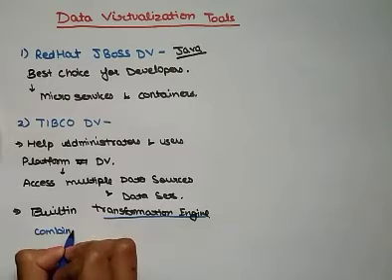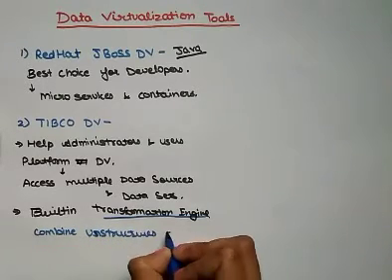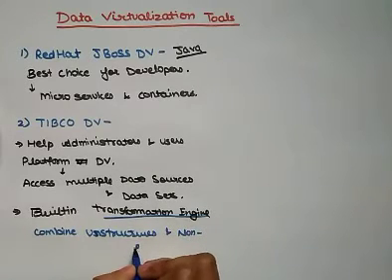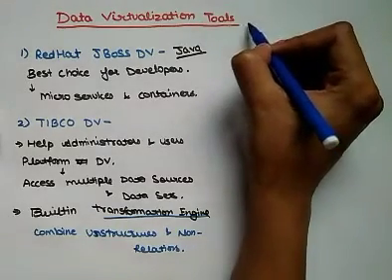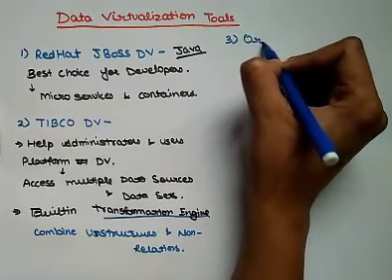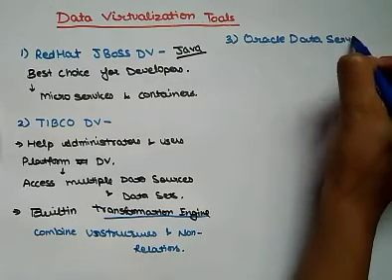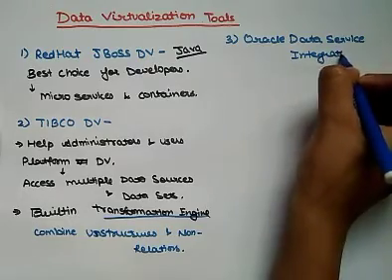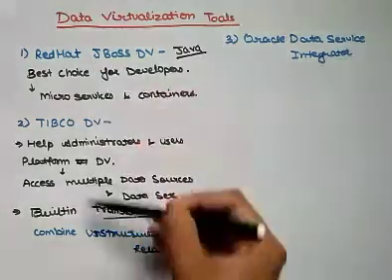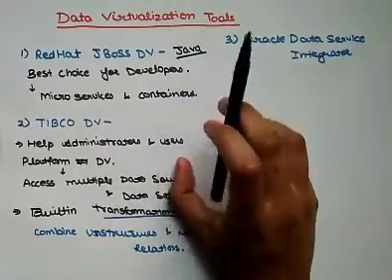Combine unstructured and non-relational data sources, right? The third tool we have is Oracle Data Service Integrator. Okay, all these are the service providers or the tools we can use to access data virtualization, right?